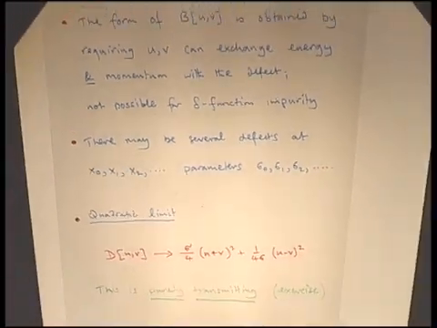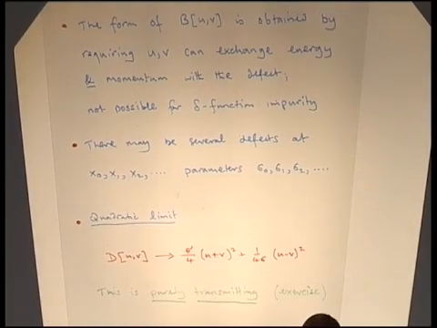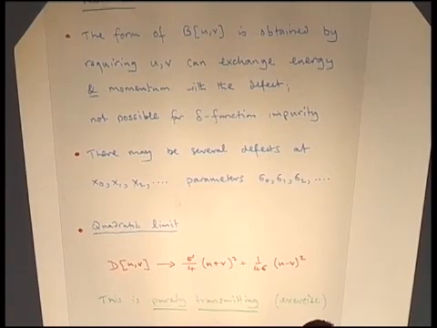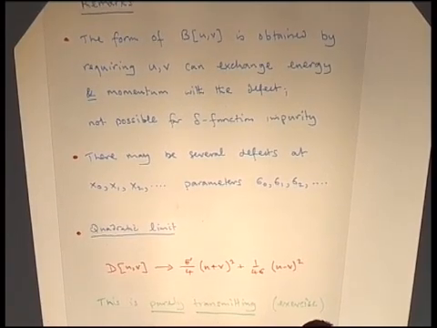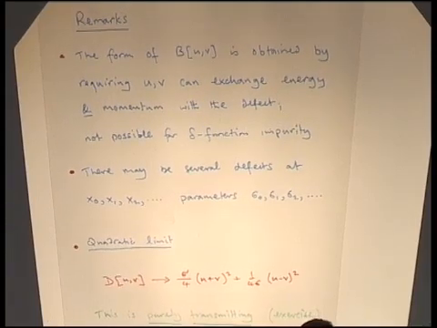So if you send a wave in, it comes out the other side, but it's delayed. So there's a change of phase, but there's no reflection. And similarly, there's no bound state associated with this. So that emphasizes again that it's quite different to a delta function impurity.